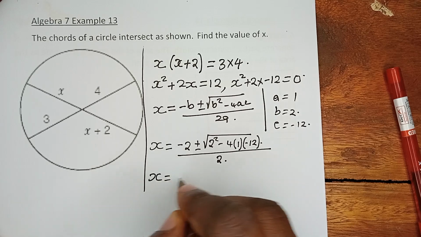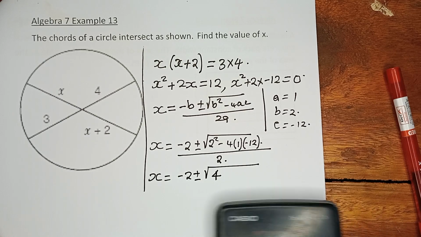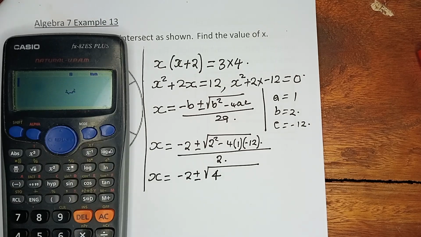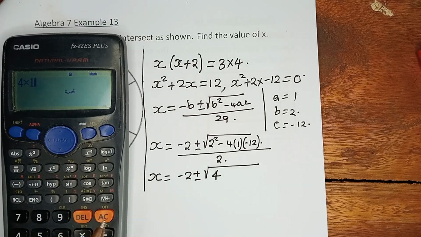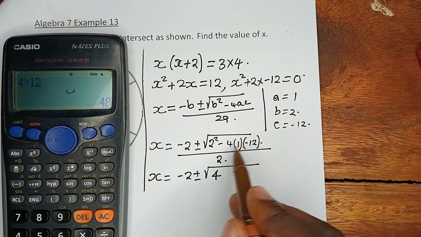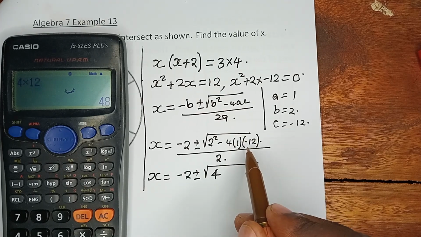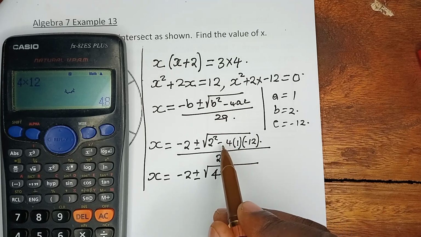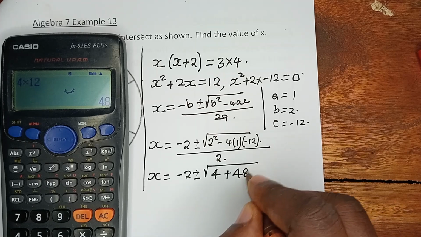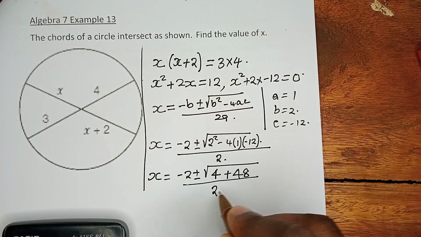We have x is equal to minus 2 plus or minus the root of 4, because 2 squared is 4, minus 4 times 12 times 1, of course it's 48, and that is minus negative 48. As you can see, 12 is negative here. Minus times minus becomes a plus, so 48. Everything over 2.